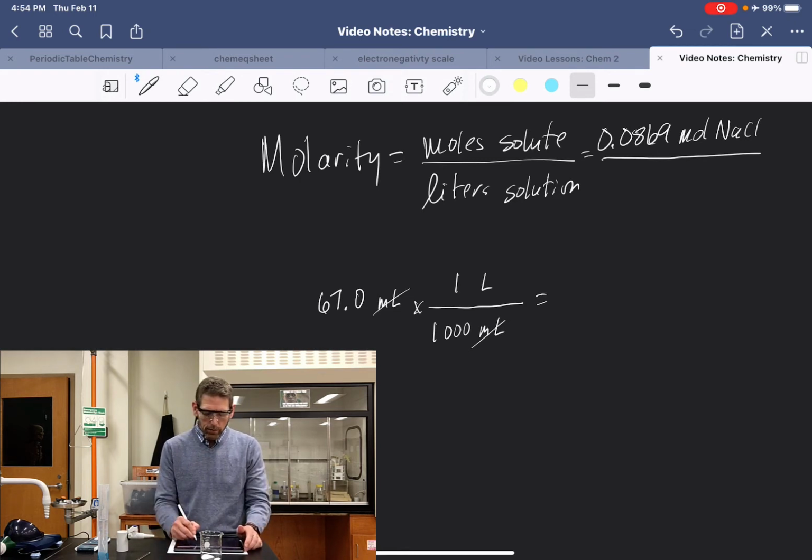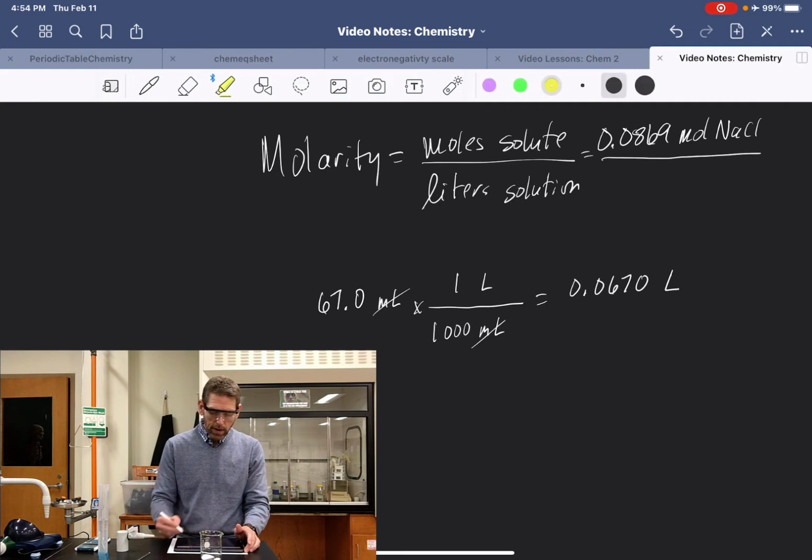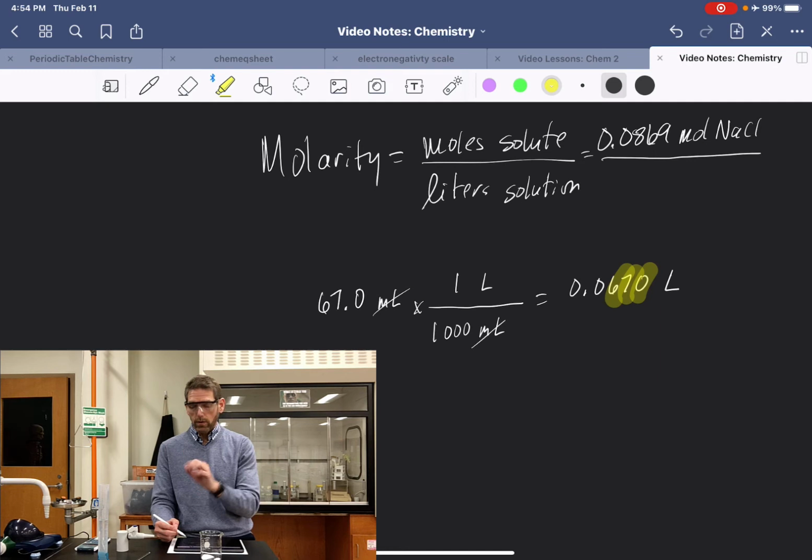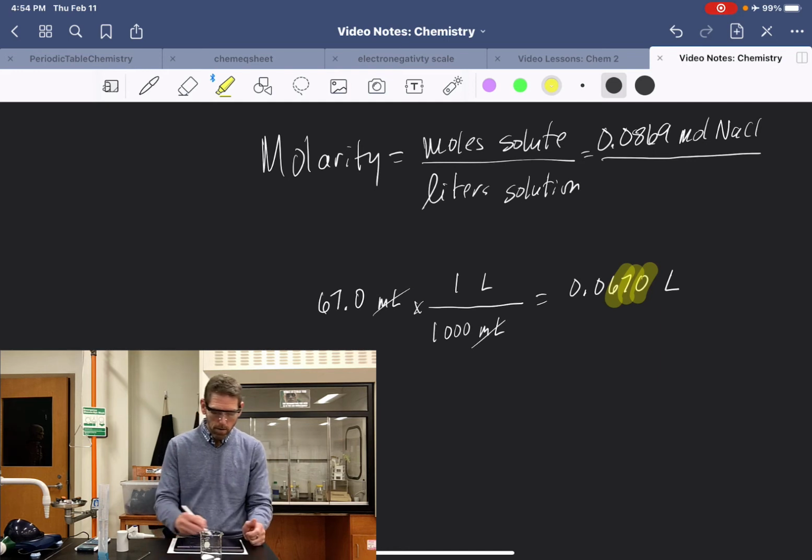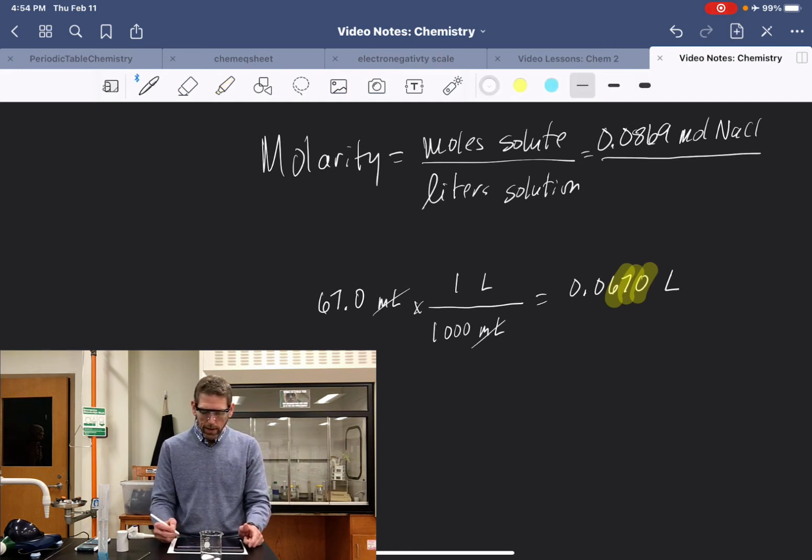If you divide that out, you basically have 67 divided by 1,000, which is going to move the decimal 3 places back in the other direction. So we get 0.670 liters. And I've kept my significant digits 1, 2, 3. There are still 3 sig figs in that value.